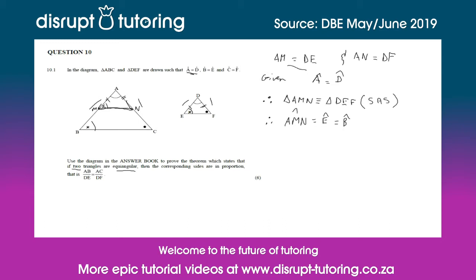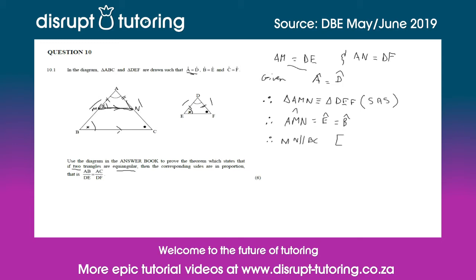Using this information, we can conclude that line MN is parallel to BC, because of the converse of corresponding angles. So this line here is now parallel to this line here, because B and E are equal.